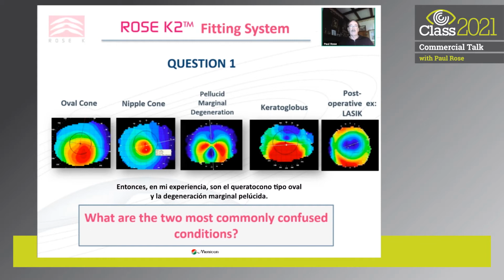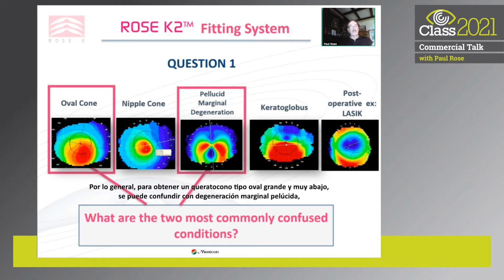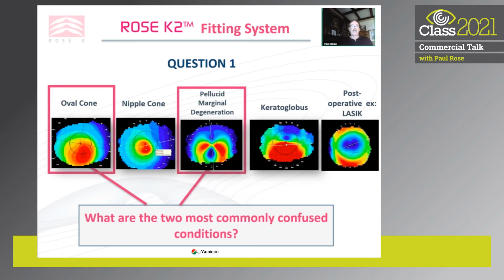So in my experience, they are the oval cone and pellucid marginal degeneration. Typically, if you get a very low, large oval cone, it can be confused with pellucid, but there are some factors which make these two easily distinguishable, and I'm going to cover that now.